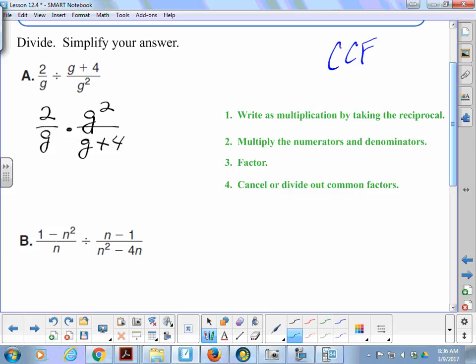So our steps: write it as a multiplication by taking the reciprocal, our copy, change, and flip. Multiply the numerators and denominators, factor, and cancel only like factors.